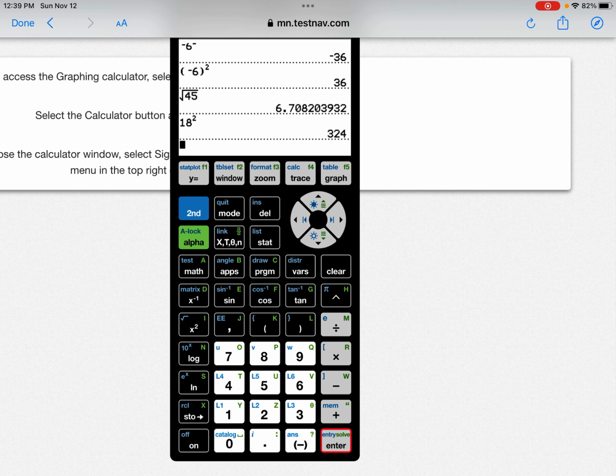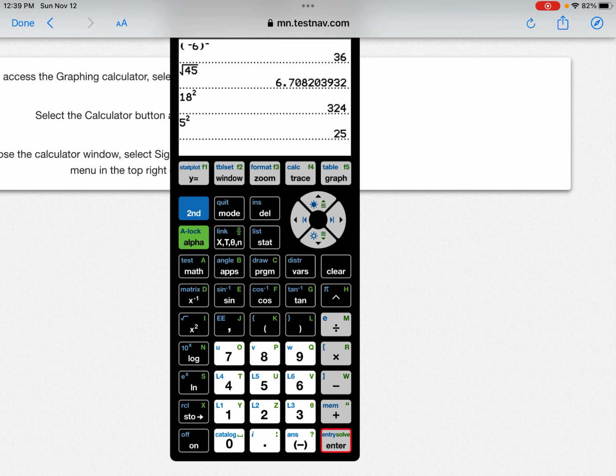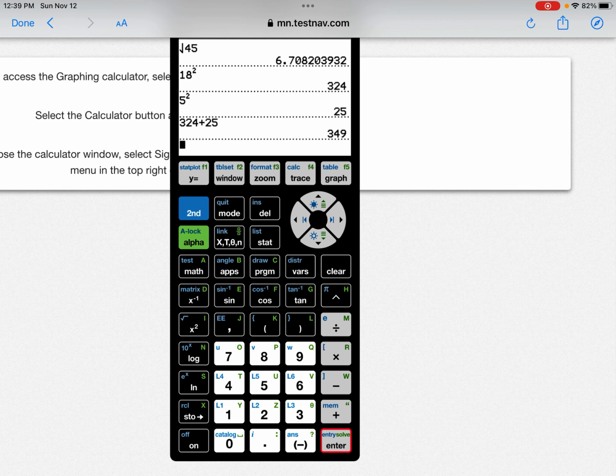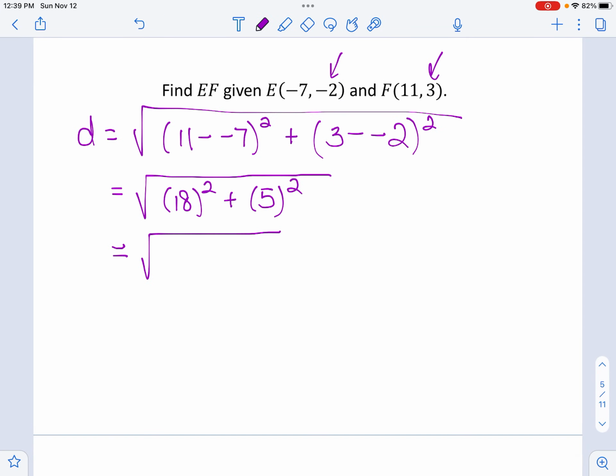And then I know that 5 squared, right, is 25. But I want to add those two together. So 324 plus 25. If I add those together, I get the square root of 349. Now we need to figure out what that is.